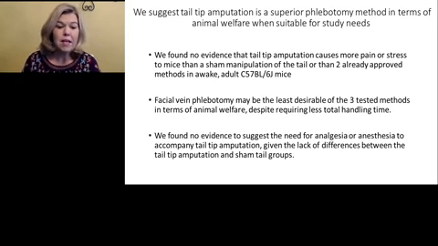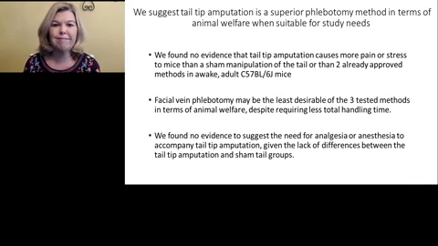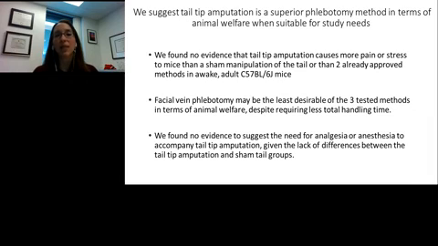Our first question is, Elizabeth, how does tail tip amputation differ from tail tip biopsy that is commonly performed for genotyping? I think that's a great question, and as I mentioned before, that's one of the reasons why we were interested in performing this study.